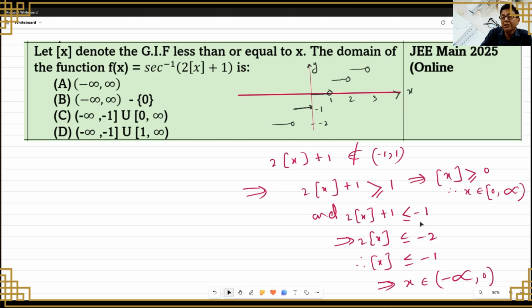So when you are going to write, you have to combine these two intervals, 0 to infinity and minus infinity to 0. So this is going to be minus infinity to infinity. It's alright. Hope you have understood. Just I give you some time to understand. Just go through it.